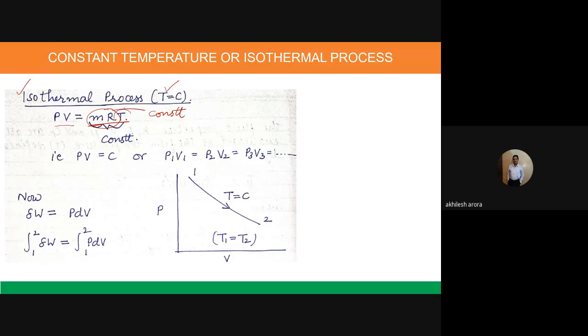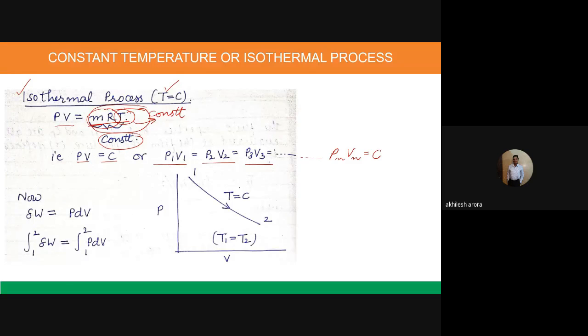And we say that isothermal process, so T also becomes constant. So total right hand side is now constant. So I get the equation PV is equal to constant. I can say P1 V1 is equal to P2 V2 is equal to P3 V3 and so on, is equal to Pn Vn, and this is equal to constant.